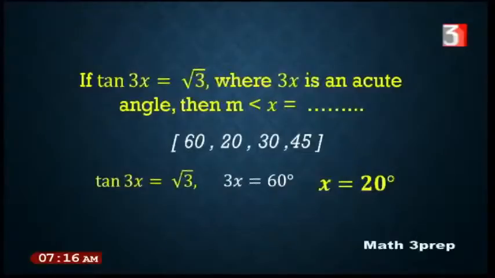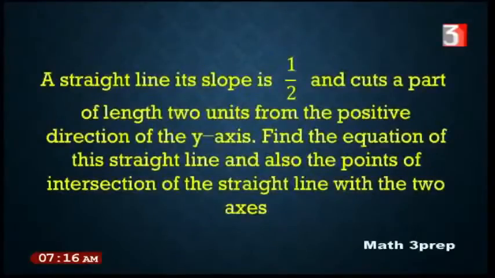Another example. Now, a straight line, its slope is half and cuts a part of length 2 units from the positive direction of the y-axis. Find the equation of this straight line and also the points of intersection of the straight line with the two axes.